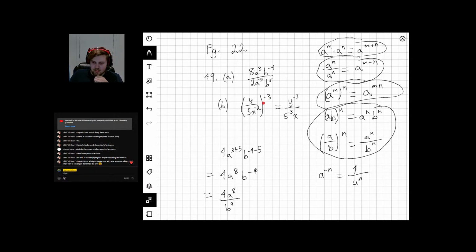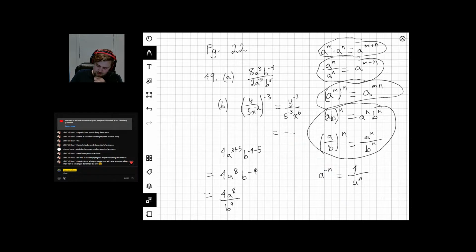If it's raised to the negative third power, what do I do with these two numbers when trying to get the power of x? Negative 2 times negative 3 is positive 6. And now we want to use these negative properties to flip these around.